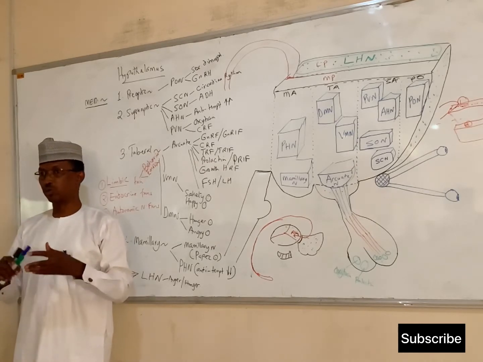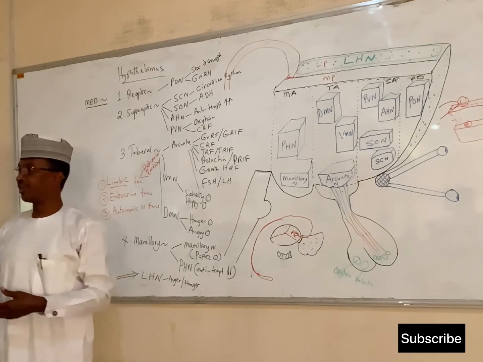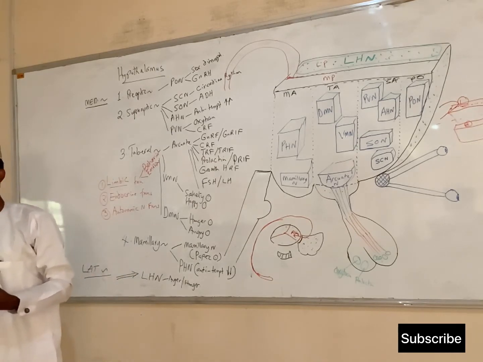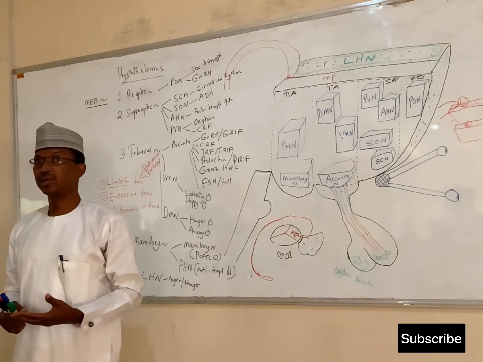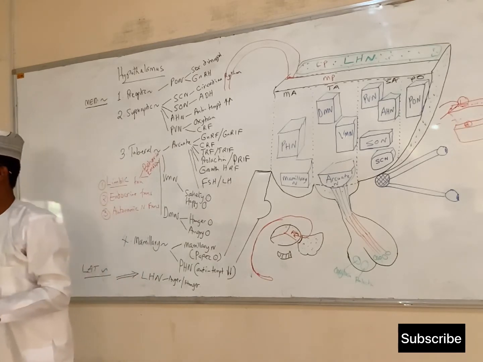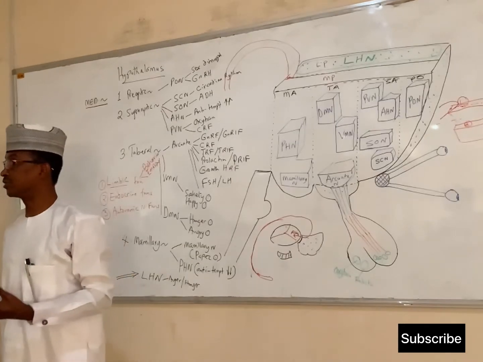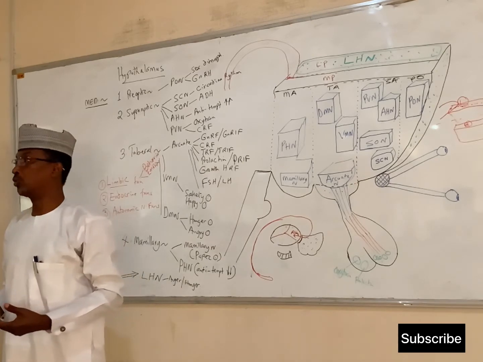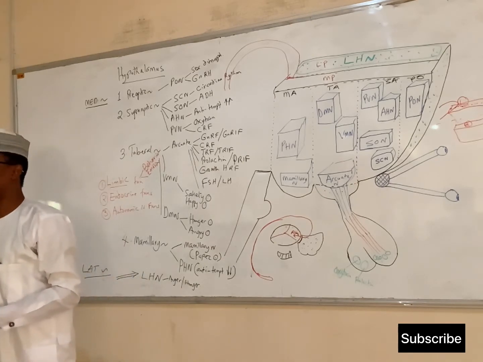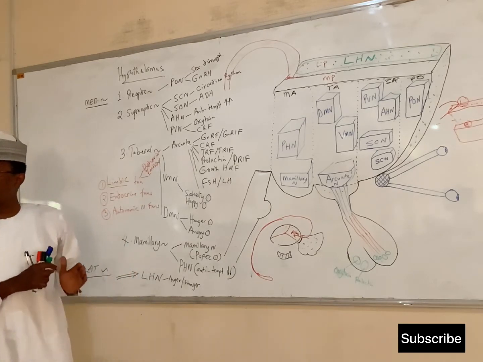All these are part of the emotional expressions. And when we talk about the behavior, we're talking about something like feeding behavior, the way we take care of ourselves, our loved ones like wives, children, and so on and so forth. Are you clear? And also the way we do our sexual behavior. Are you clear? All these are part of the limbic function.